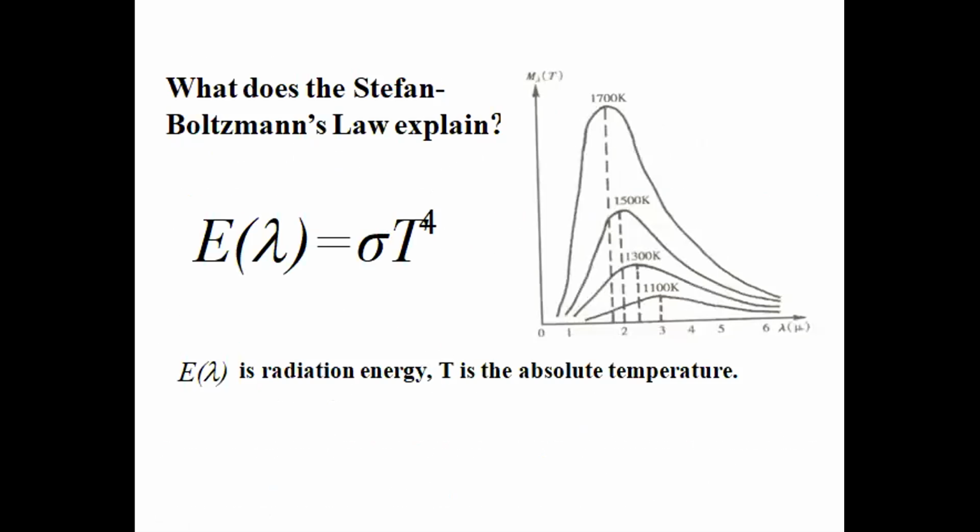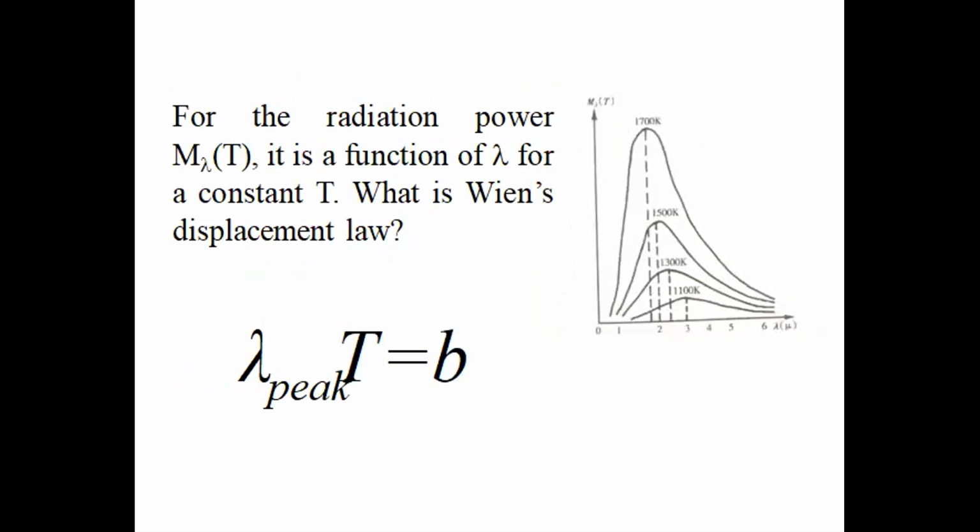black body radiation, Stefan Boltzmann was one of the scientists who tried to give a proper relation between the energy emitted and temperature. The emitted energy is proportional to the fourth power of temperature, with proportionality constant sigma, so E equals sigma T power 4, where T is the absolute temperature.